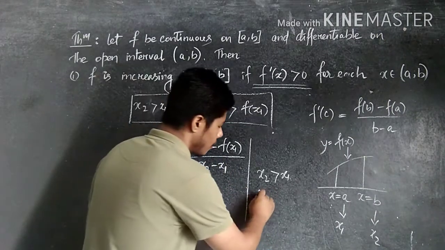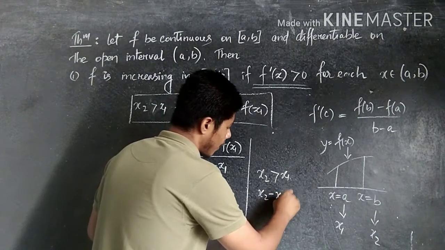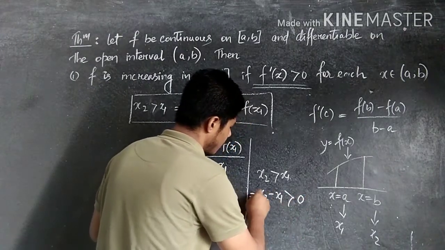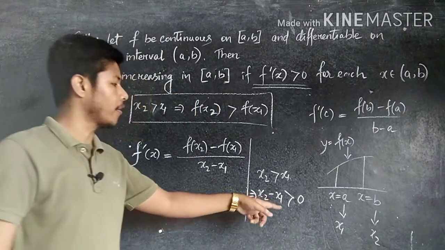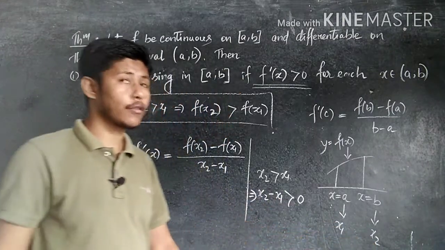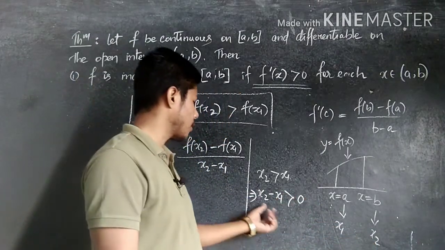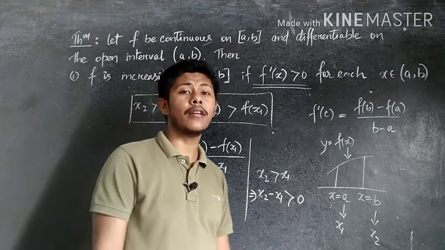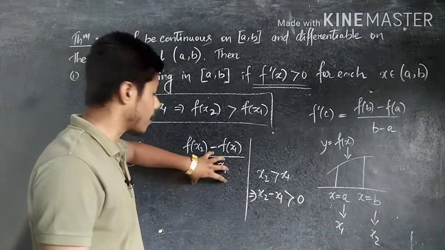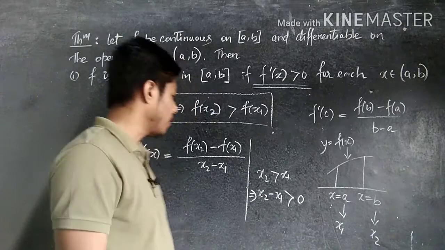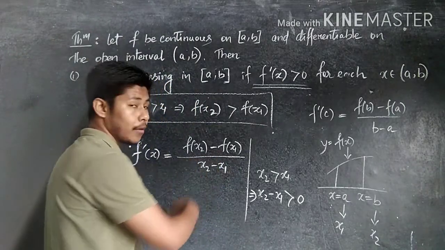Obviously greater than 0. So x2 minus x1 is always greater than 0, because if we subtract the smaller from the greater, we get a positive value. So this value is greater than 0, a positive value.